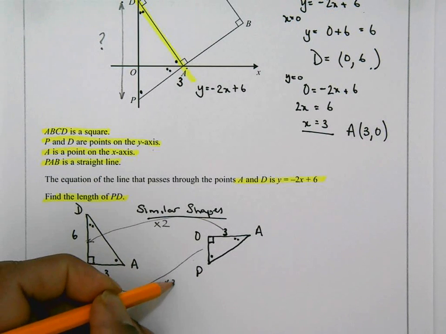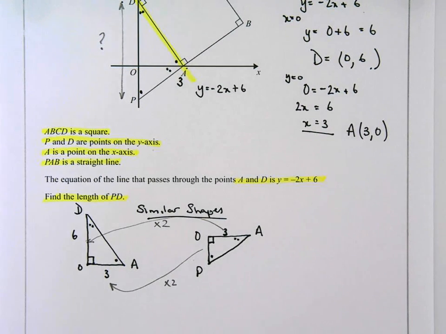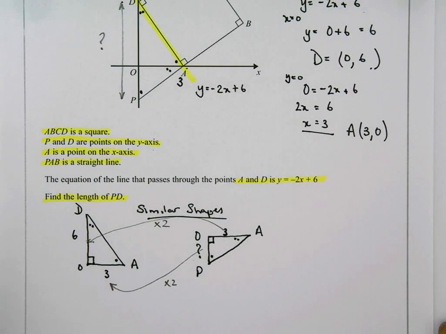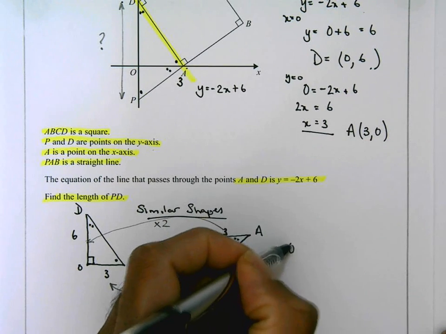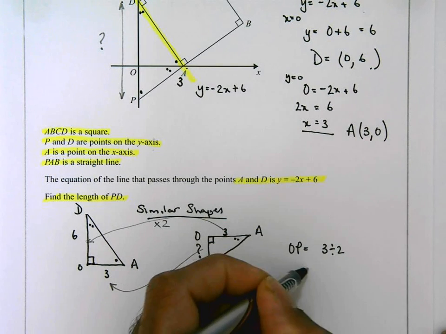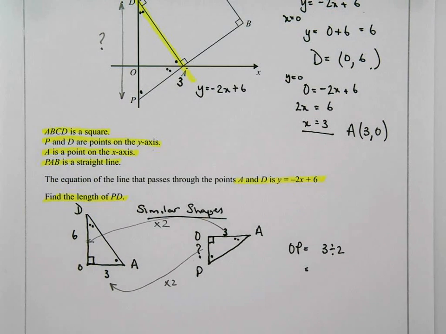So what do I times 2 by to get 3? I'm going to do 3 divided by 2, and that's 1.5.